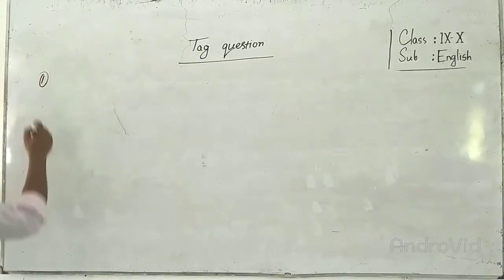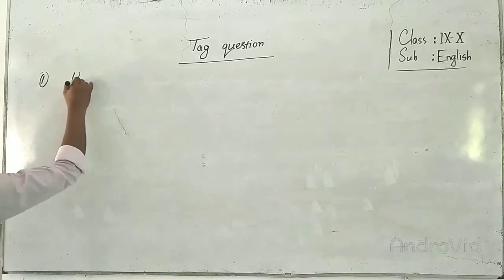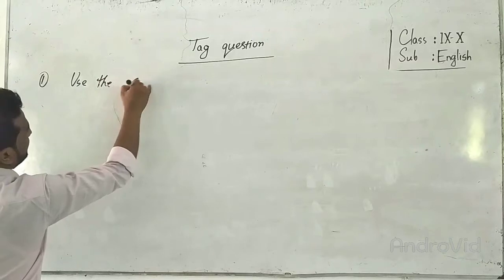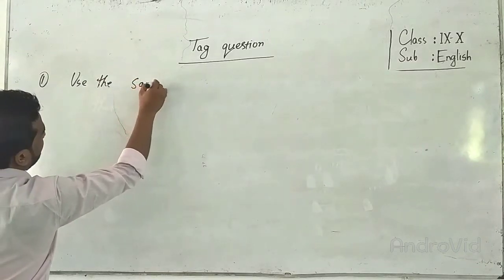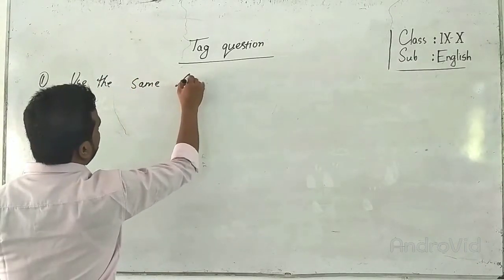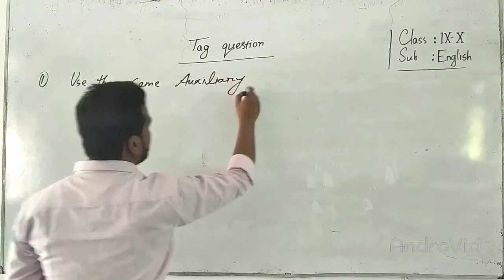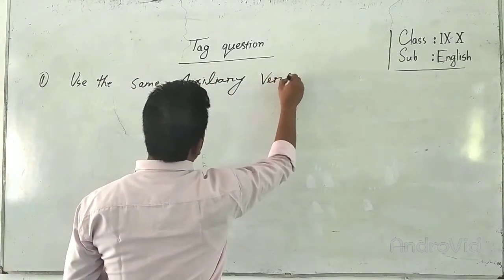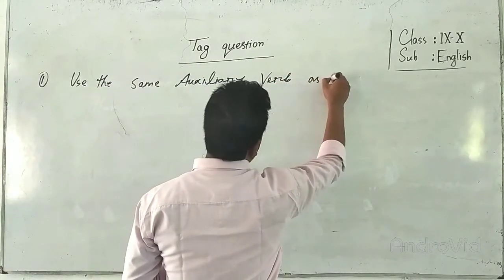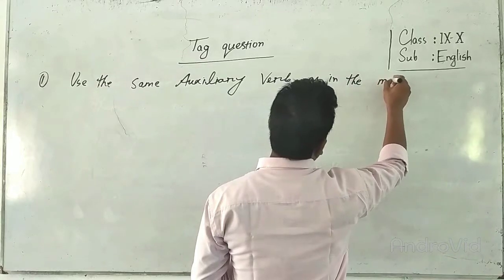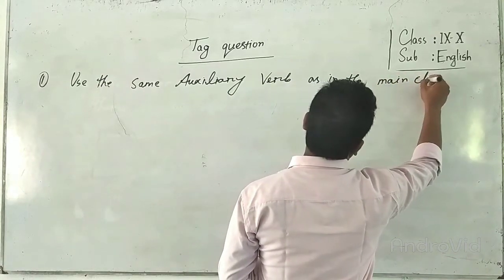Rule number 1: use the same auxiliary verb as in the main clause.